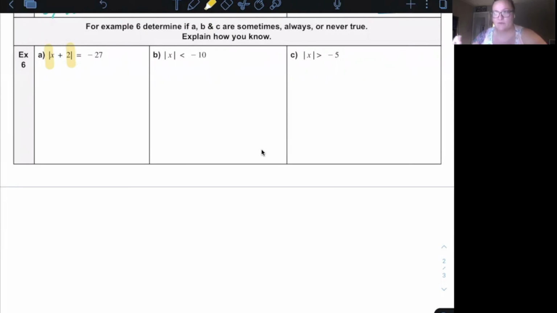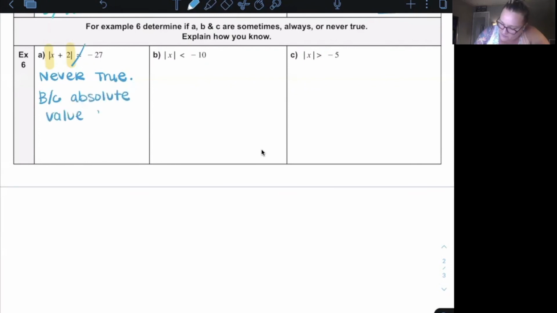You just live 12 miles from school. So this is never true because absolute value can never be equal to a negative number.